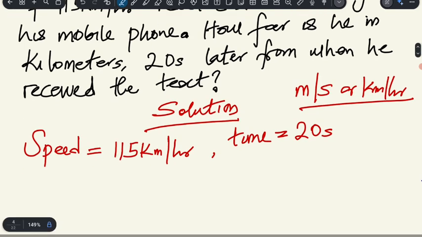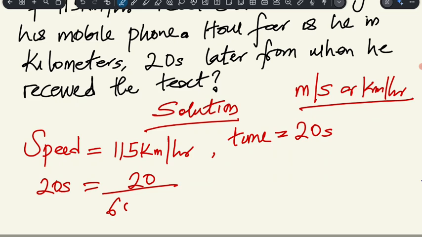Therefore, you all know that 60 seconds make 1 minute and 60 minutes make 1 hour. So our 20 seconds will be in the form of 20 over the first 60 seconds multiplied by the second 60 minutes, so this one will be written in hours.